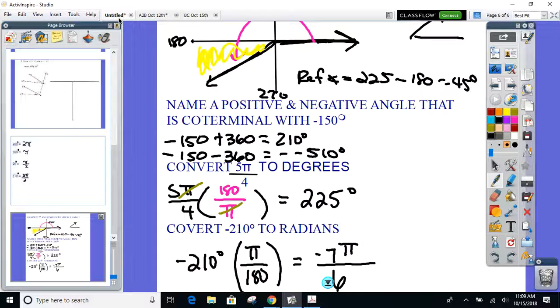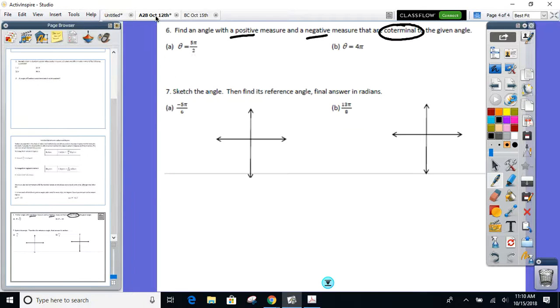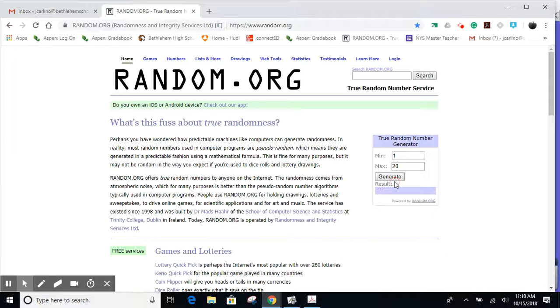So instead of subtracting and adding 360, I want to subtract and add 2 pi now, because it's in radians. So 4 pi plus 2 pi.